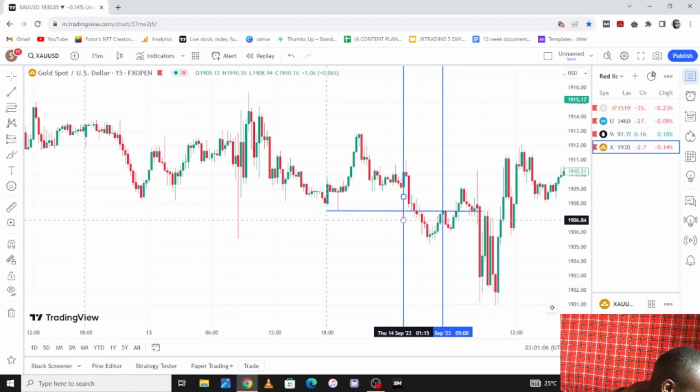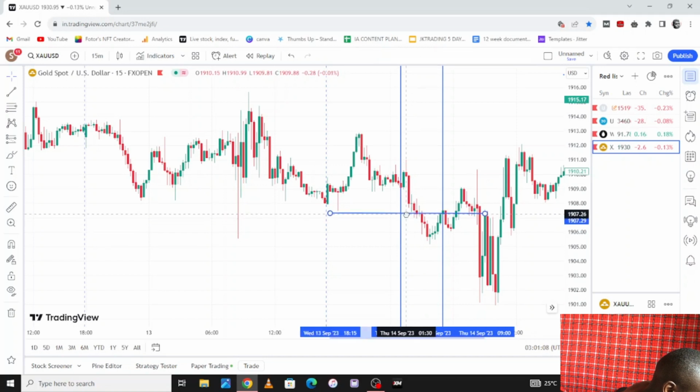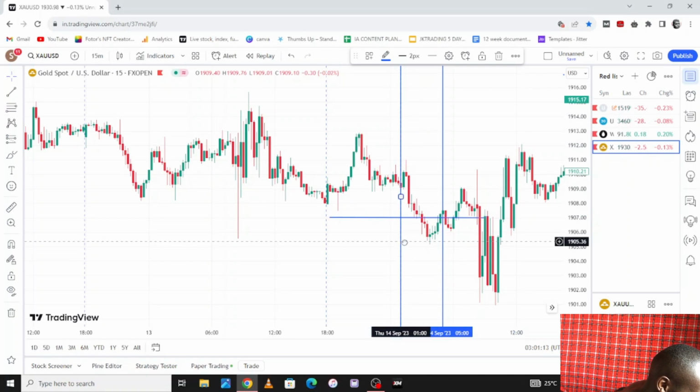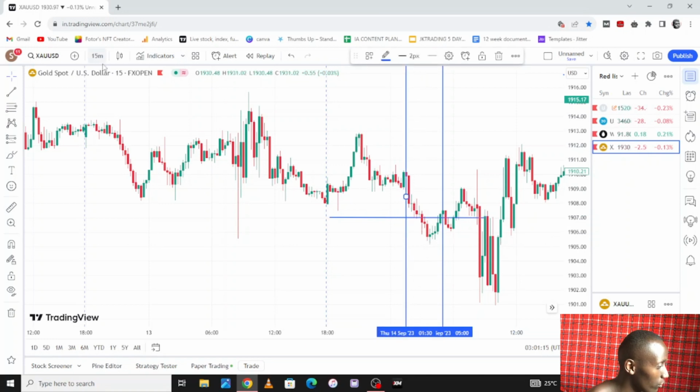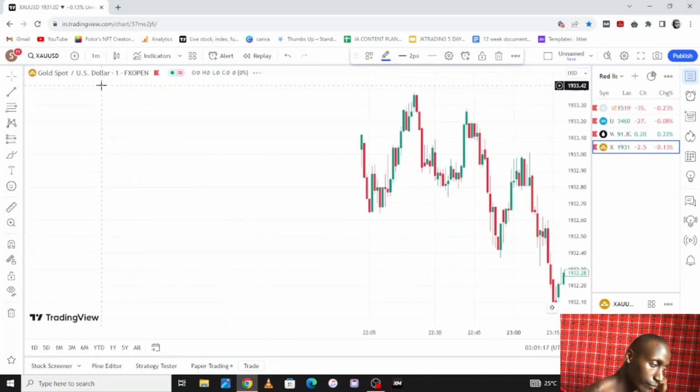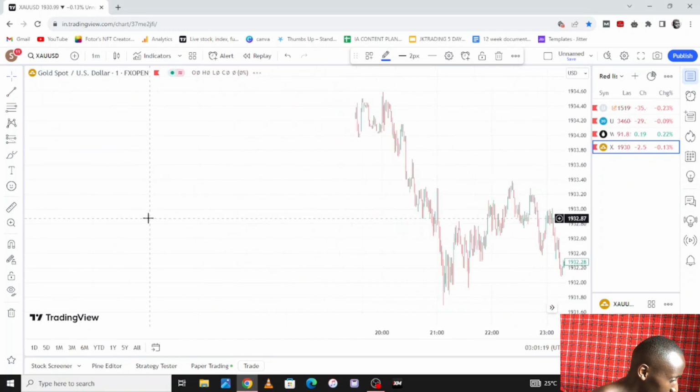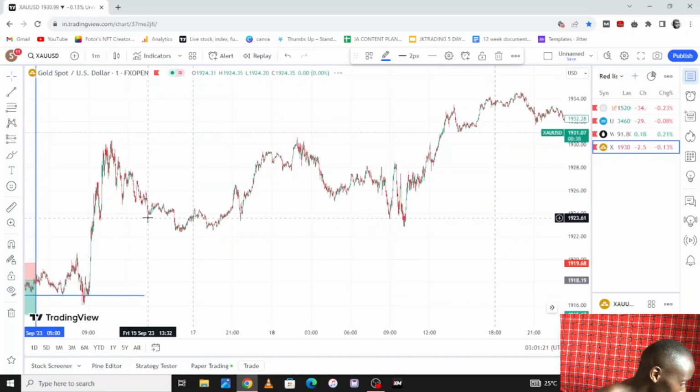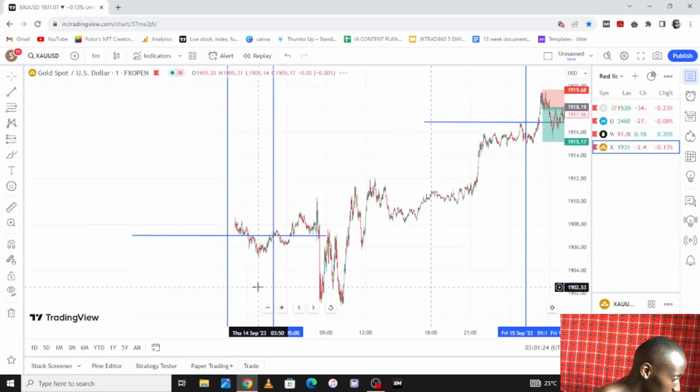And then we don't have a breakout, so all these are pins. We have a breakout after 3. So we go to the 1 minute time frame. Remember, the breakout is at 3, so that is what we'll be looking at after 3.